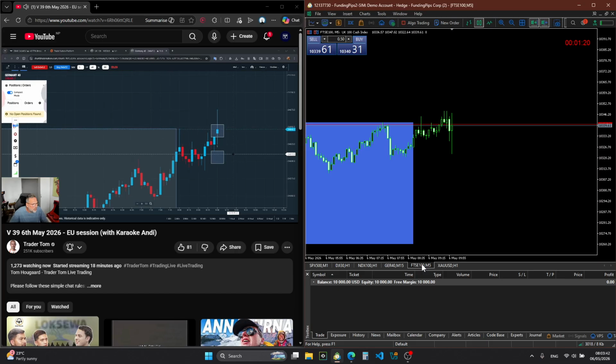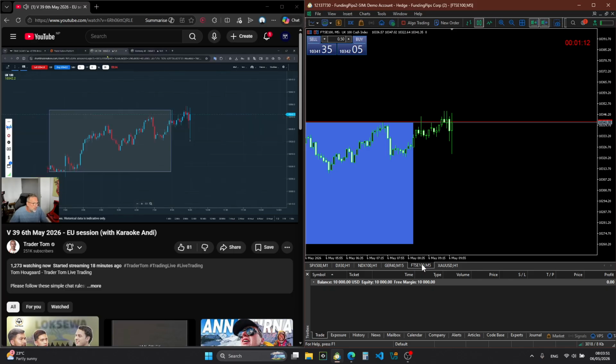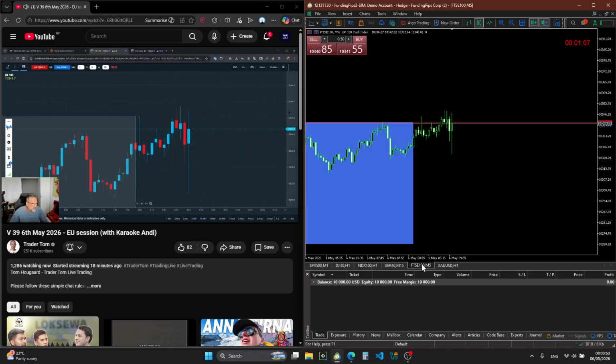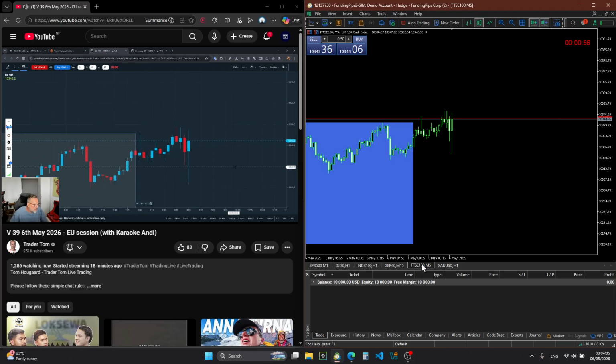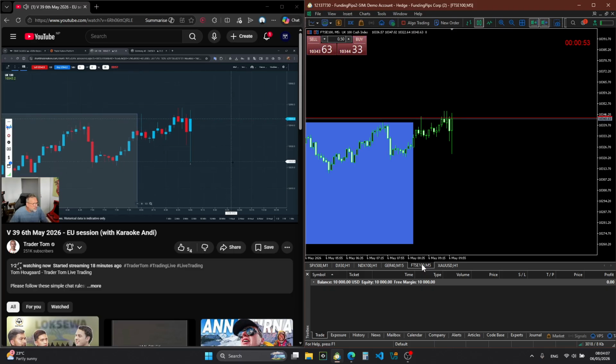Seems like bulls are keeping the upper hand. Anyway, let's look at the FTSE. FTSE is printing a first bar positive so far. If that closes at its high, I will buy the FTSE.